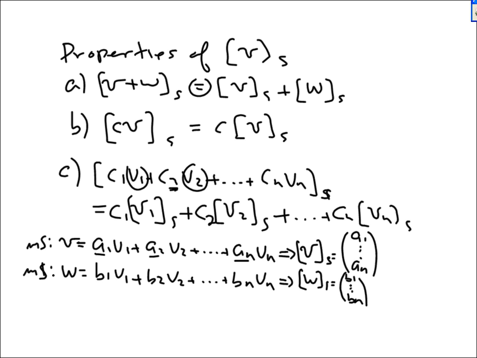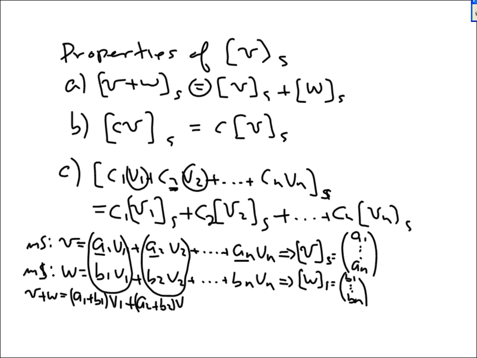Now, if we add these two vectors, V plus W, these are like terms. It's A1 plus B1 times v1, plus, when you add these, you get A2 plus B2 times v2, all the way down to, when you add these vectors, you can factor out the vn.